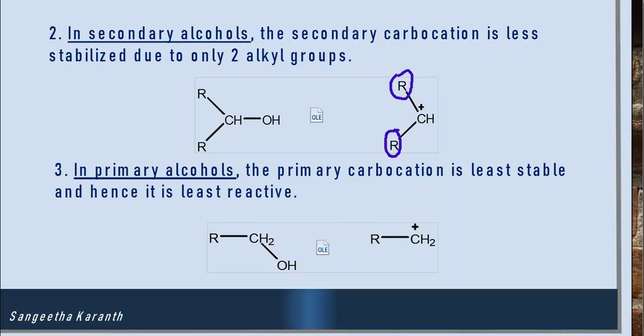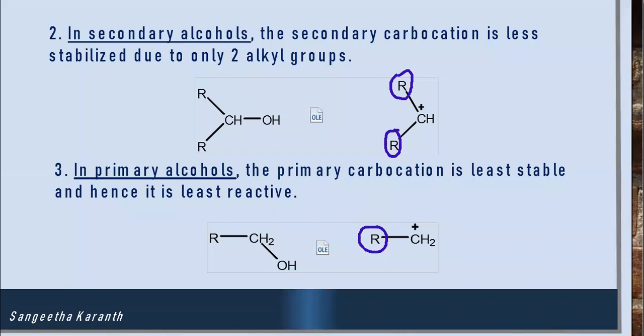Same way, in the primary alcohol, the primary carbocation that we can see here is stabilized by only one electron releasing R group. So the stability is much lesser when compared to that of secondary as well as tertiary carbocation. So the ease of formation of this primary carbocation is still very less when compared to secondary and tertiary carbocations.